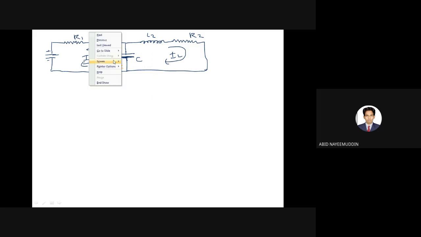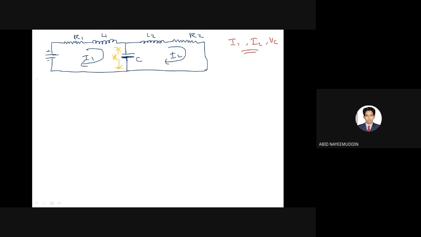Now in this problem, he has asked you to find the state model, and he has given the state variables I1, I2, and VC as the three state variables.